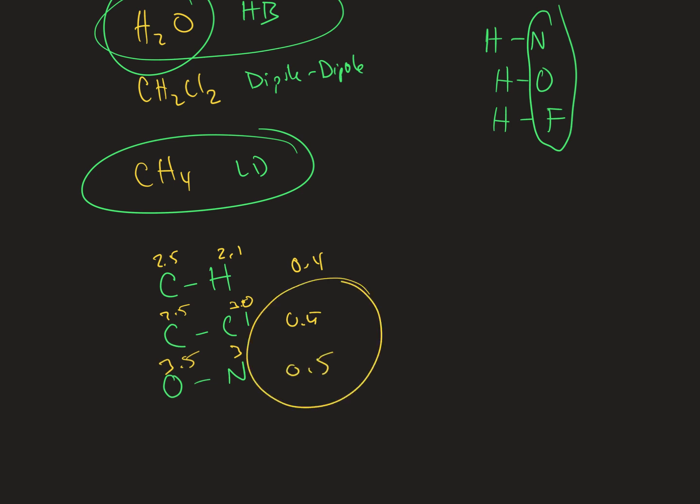That means these are the same, and the C-H one is the weakest. Does that make sense? A greater difference in electronegativity means more polar. We're talking about the bond itself. You can have polar bonds, but the molecule itself might be nonpolar, because you can't separate the positives from the negatives like we showed before.